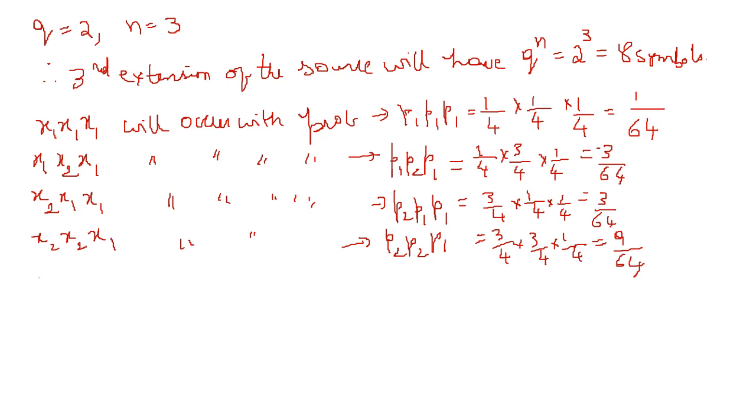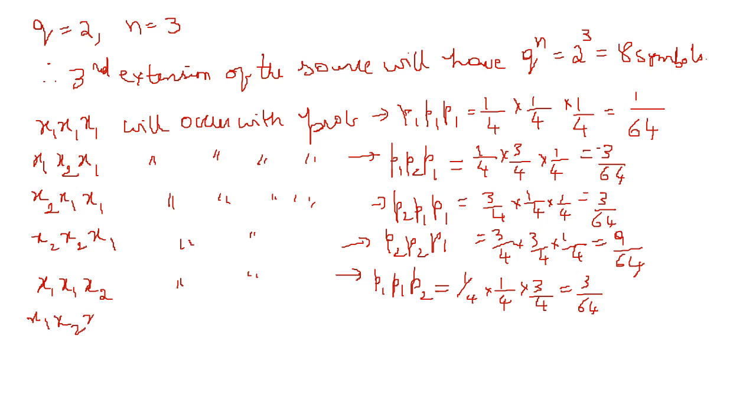The next symbol value is x1, x1, x2, and this symbol will occur with probability P1, P1, P2, which is equal to 1/4 into 1/4 into 3/4, which is equal to 3/64. The next symbol is x1, x2, x2, which will occur with probability P1, P2, P2, so it is equal to 1/4 into 3/4 into 3/4, which is equal to 9/64.